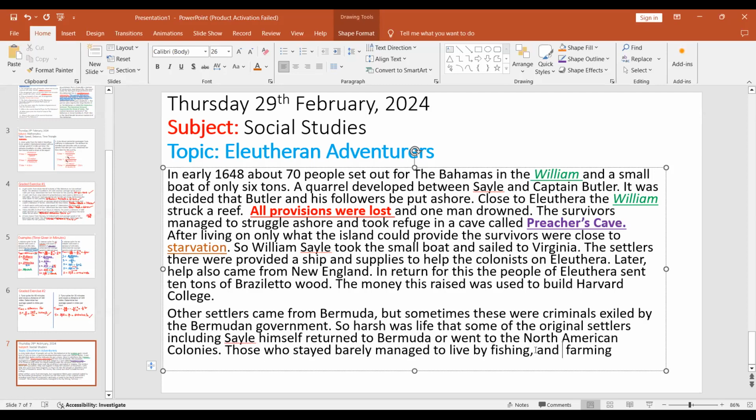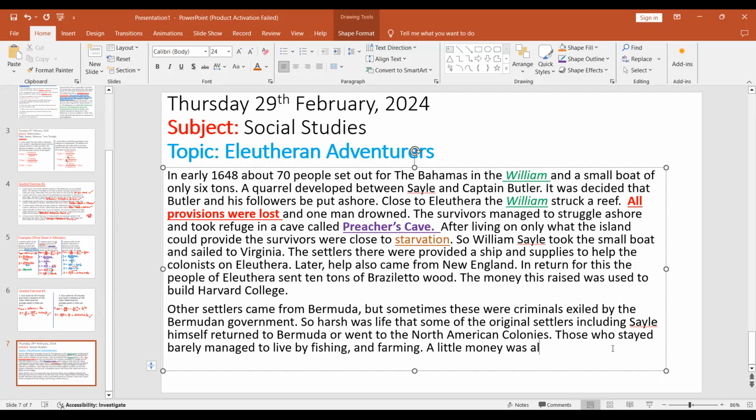There's also another big thing that helped them, and that was wrecking. Wrecking was a big thing among the Eleutheran Adventurers as well, that helped them keep afloat. Wrecking is basically when a ship gets wrecked and you go and get supplies from that particular ship, right?